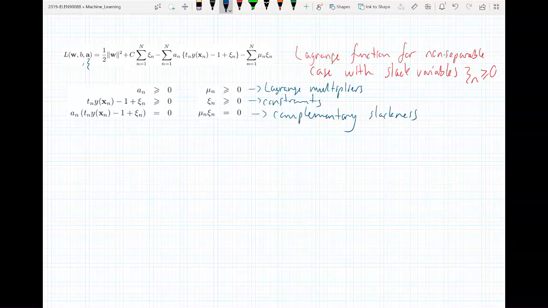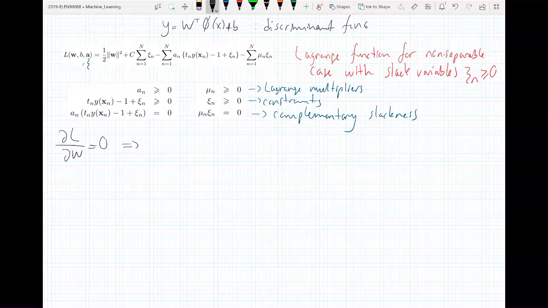So then I need to write del L over del W equals 0. Also I know that y equals this, right? This is the discriminant function. That's what we are trying to find. Once we know W and B, then we are done.